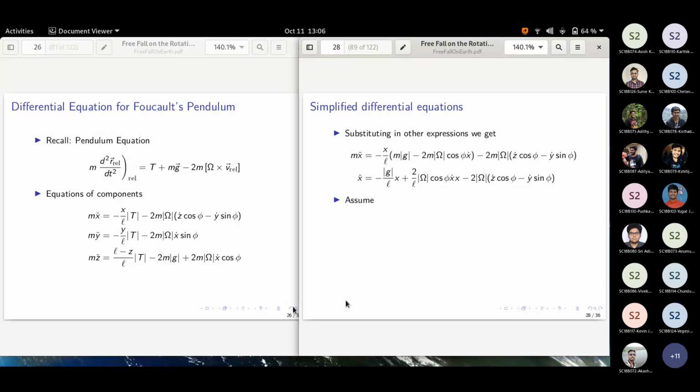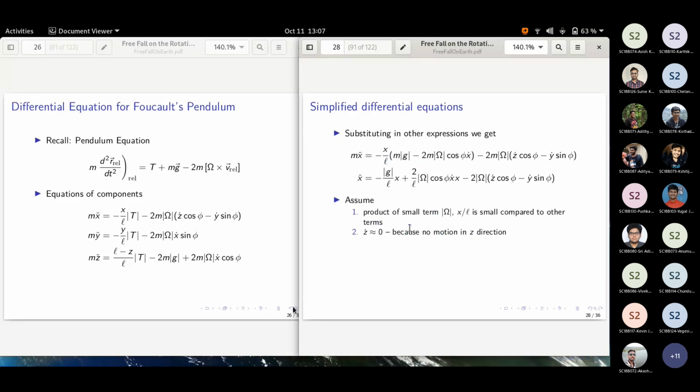So the product of the small terms, modulus of omega and x by L. We are going to assume only x by L, and modulus of omega is already 10 power minus 5. So this product of omega and x by L will be set to 0. I think that is this term. Okay, so this is for the x double dot differential equation.